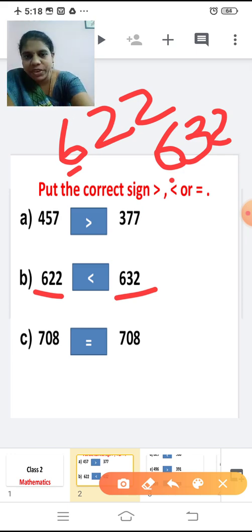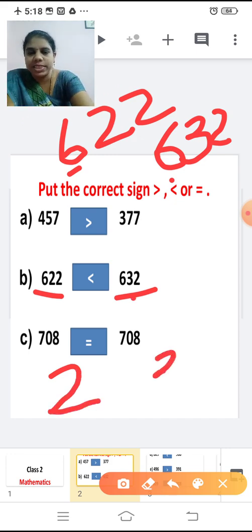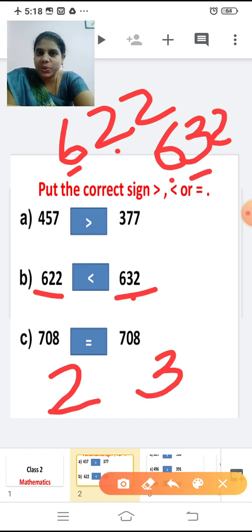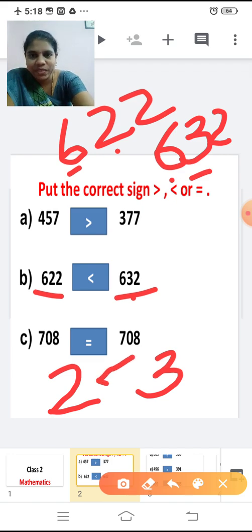In the first number we have 2 in the tens place. In the second number we have 3 in the tens place. Now tell me children, is 2 less than 3 or greater than 3? 2 is less than 3, right? Very good.